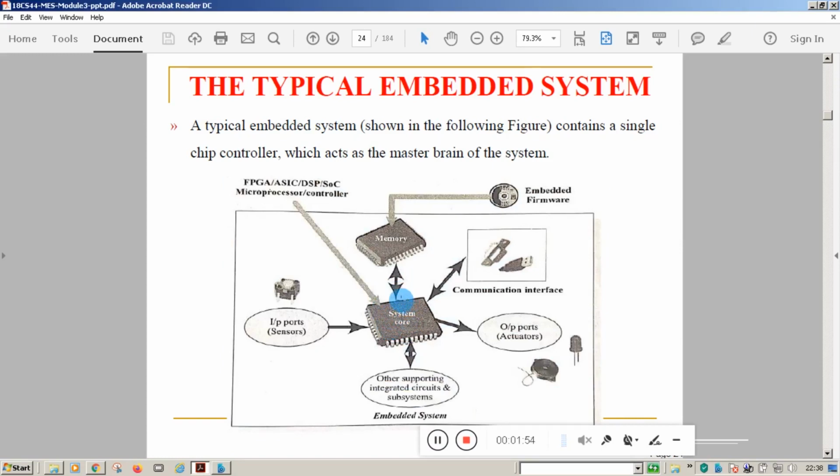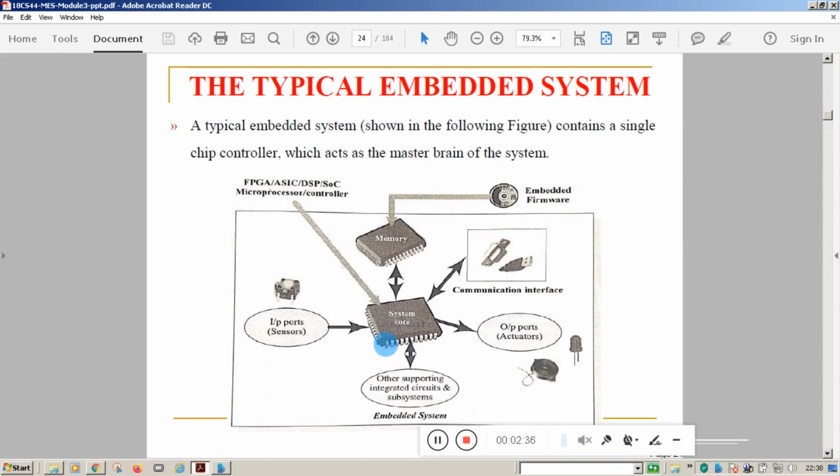This controller can be either a microprocessor or microcontroller or FPGA, that is field programmable gate array, or it can be a digital signal processor, or it can be an application specific integrated circuit, or an application specific standard product, and so on. So this is actually the main controller of the embedded system.